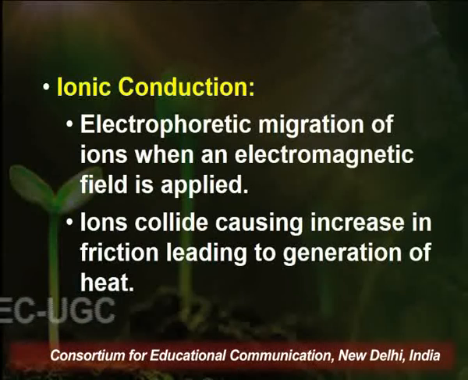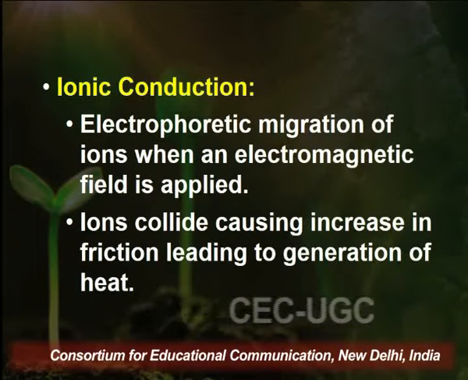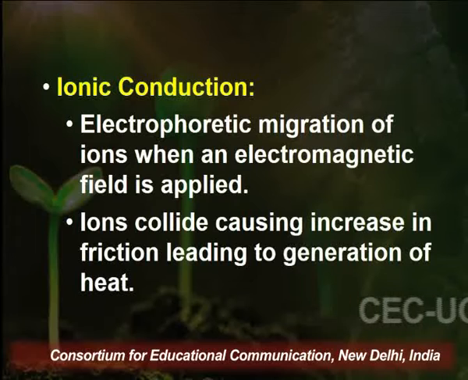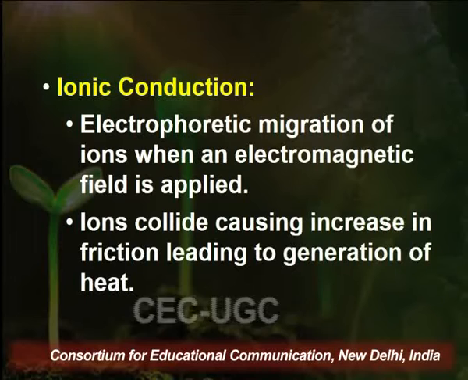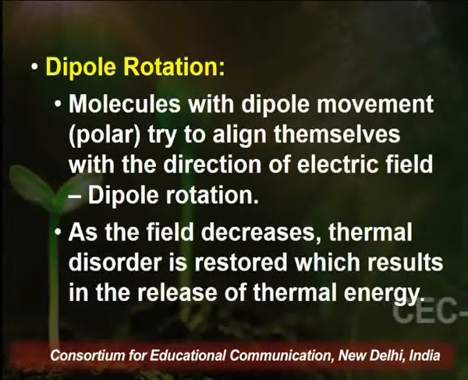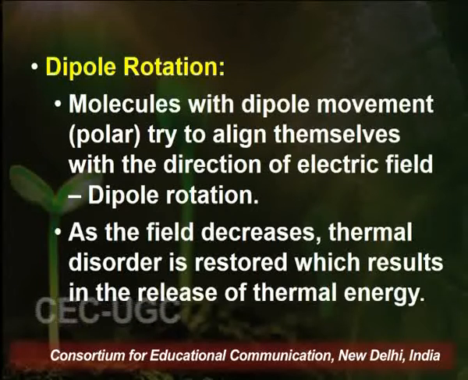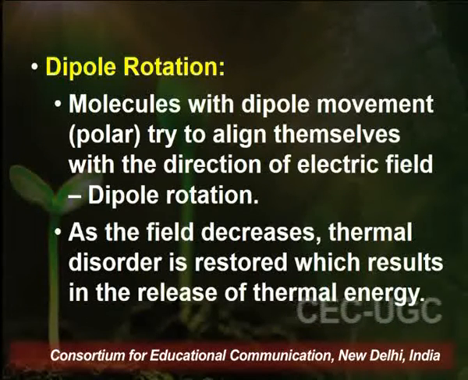During the course of their movement, these ions collide with each other, which increases friction, and this increased friction generates heat. This is one mechanism. Second is dipole rotation. As I told you, microwaves have the ability only to cause the rotation of the molecules.